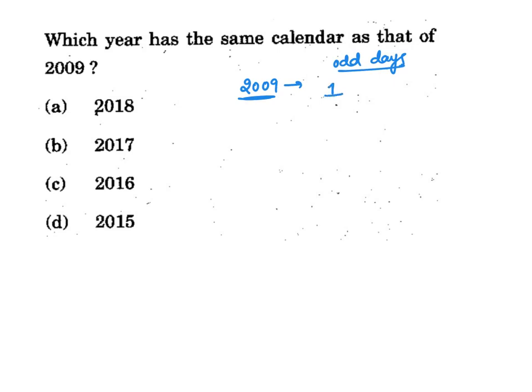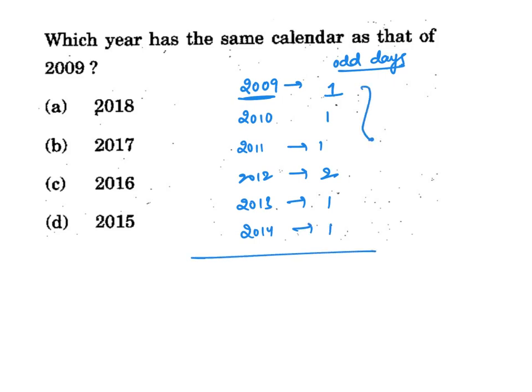Number of odd days is 1 here. 2010, it's 1. 2011, it's 1 odd day. 2012 is a leap year, so 2 odd days. 2013 you will have 1 odd day. 2014 again 1 odd day. So put together, the number of odd days here is 7. Therefore the next year, that is 2015, the first day of 2015 and the first day of 2009 are going to be the same.